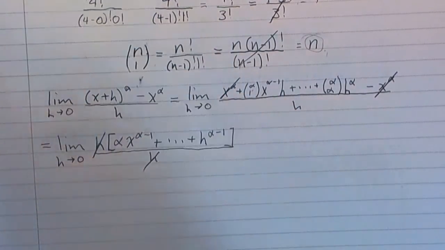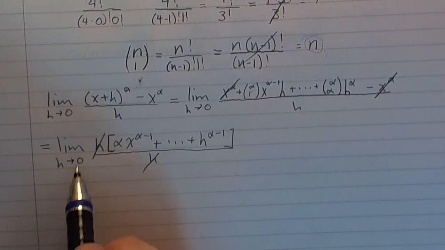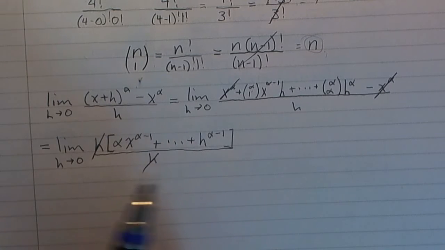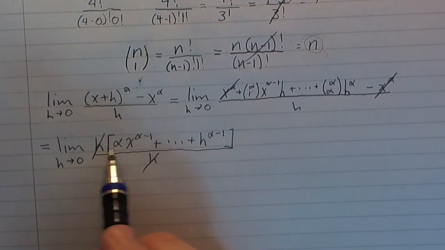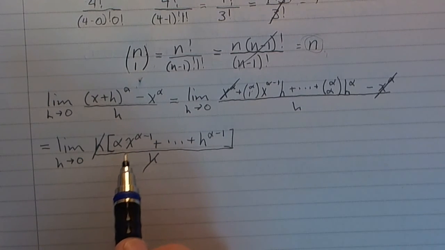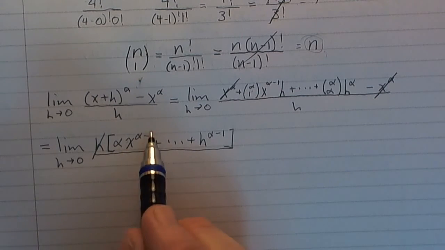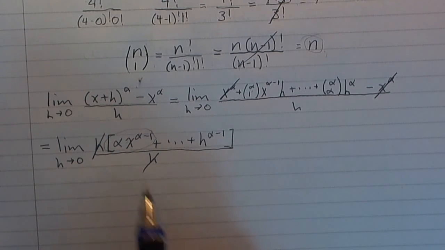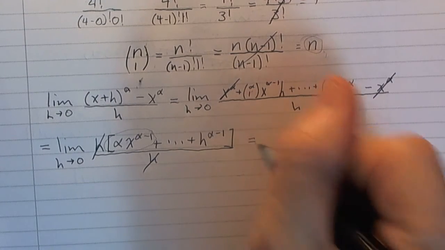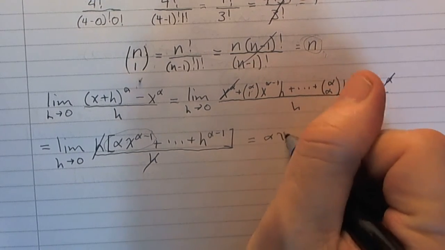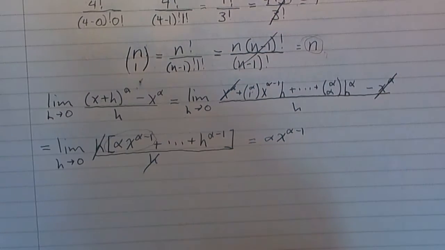And these h's cancel. Now I'm ready to evaluate the limit, but notice the only part of this that doesn't have an h in it, in other words, the only term up here that's not going to go to 0, is this first term. So this limit is alpha x to the alpha minus 1.